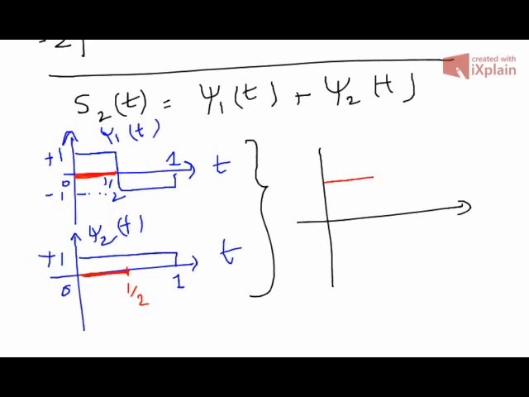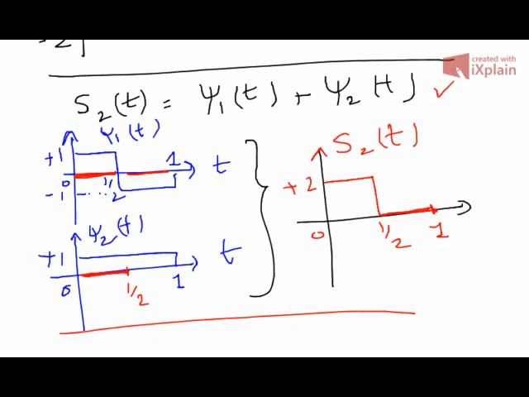And from half to 1, it is minus 1 and here it is plus 1, so I will get 0. And this is my S2 of t, which is constructed by adding these two waveforms. So I hope it is now clear to you that if you have orthonormal basis functions, you can represent non-orthogonal signals using the orthonormal basis functions.